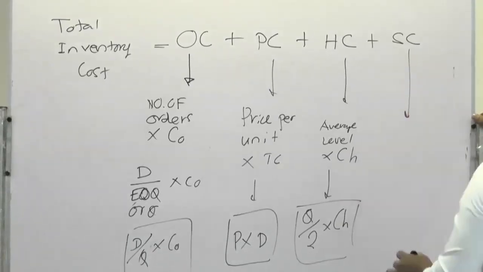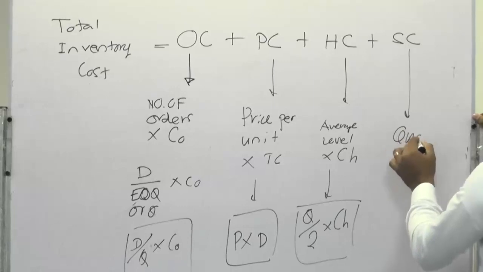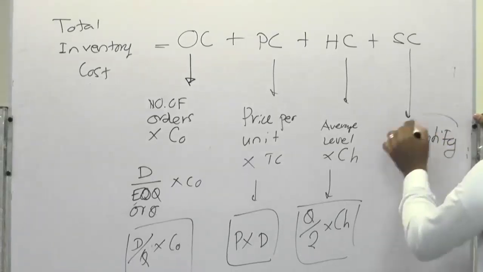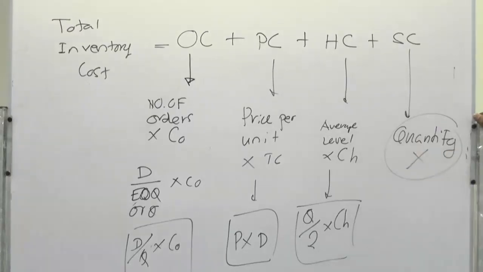Shortage cost, actually we cannot quantify, since it includes more implicit costs: loss of customers, loss of market share, losing goodwill. Everything is shortage cost. Therefore, it cannot be quantified.